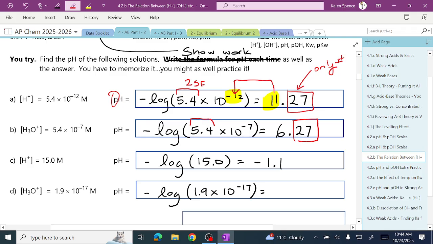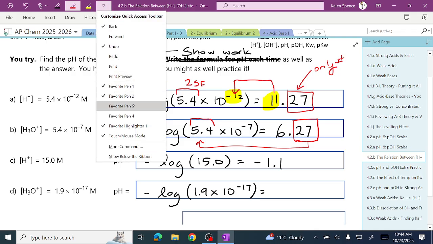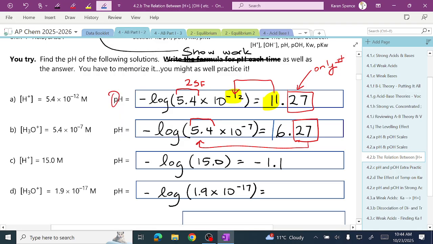Yeah? So this is the part of the number that comes from here. And this part of the number comes from here. Yeah? So that's where our two sig figs come from and our two sig figs. Yeah?